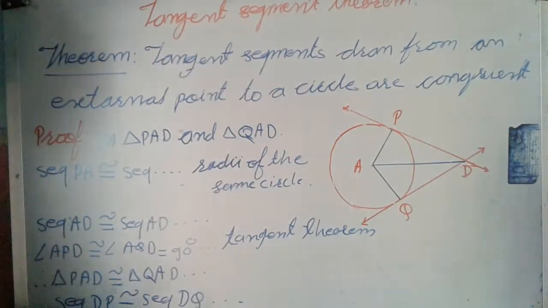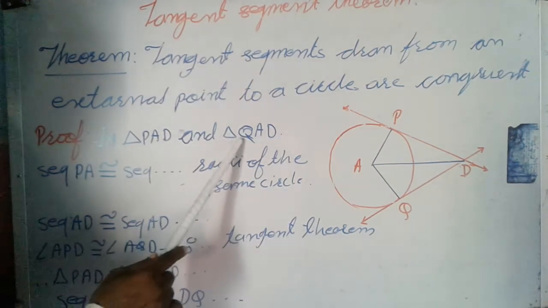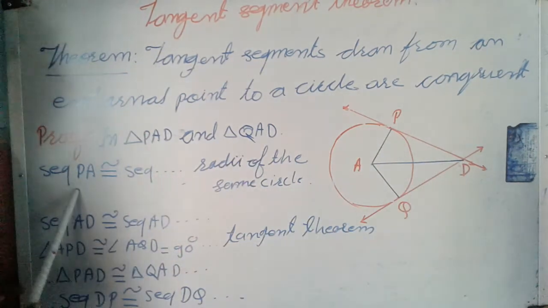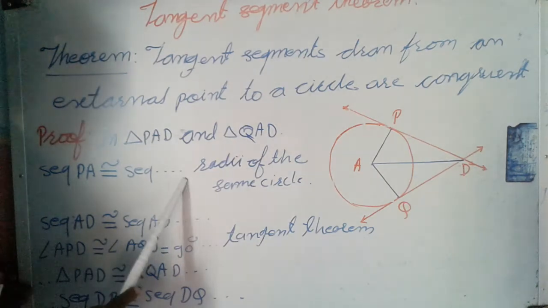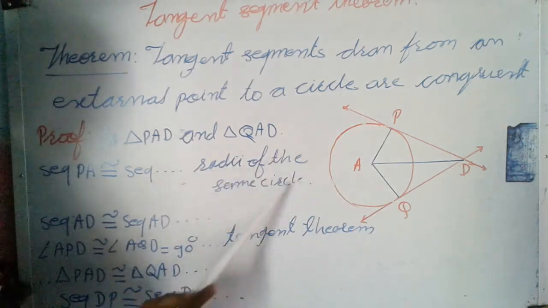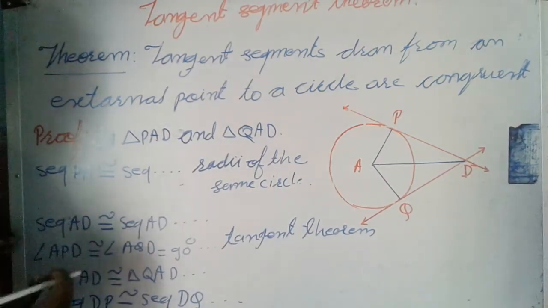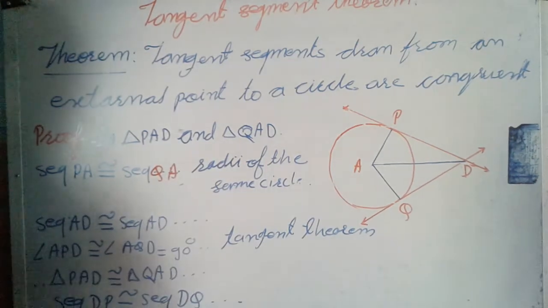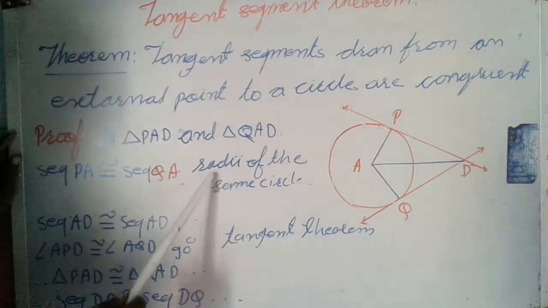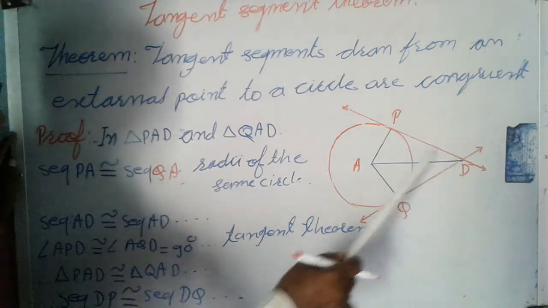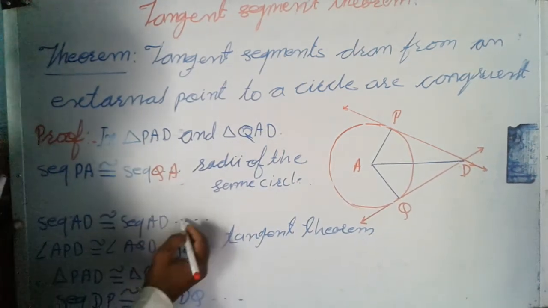Now we will complete this theorem. So here, in triangle PAD and QAD, segment PA is congruent to segment QA, radii of the same circle. Now segment AD is congruent to segment AD, common segment.